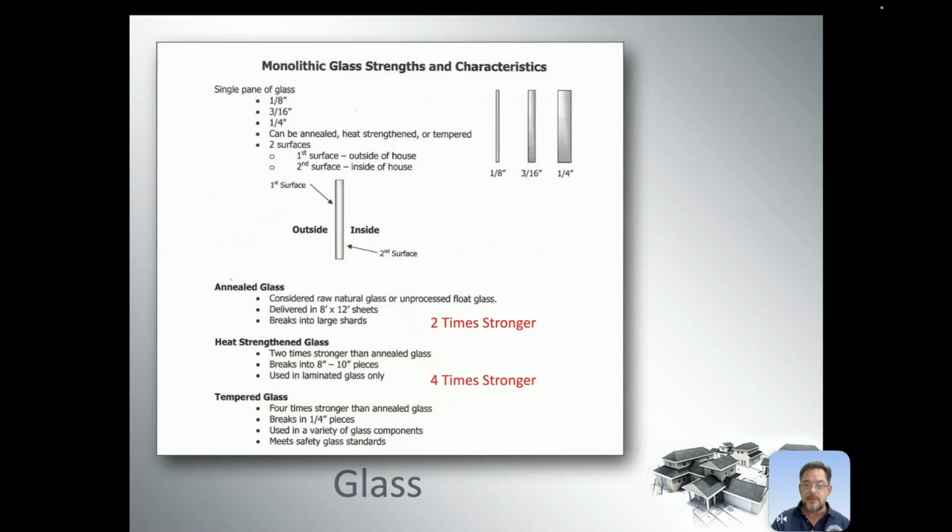But here's some anatomy of glass, and this tells you some of the glass that we might use in a house. And understand that when you have a heat strengthened glass, that pane cannot be impact rated or tempered. They cannot be impact rated. You have to look at another pane, or it's not protected.